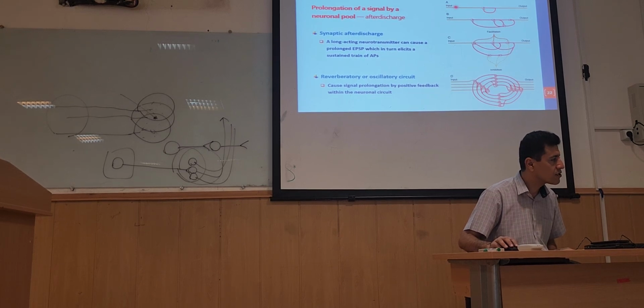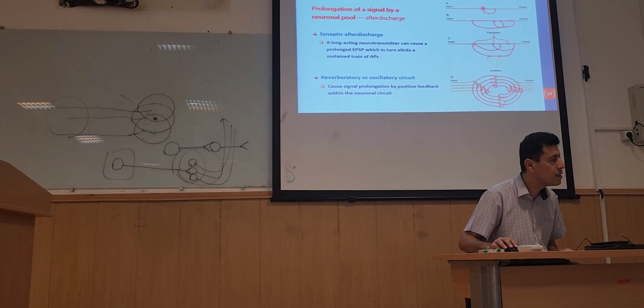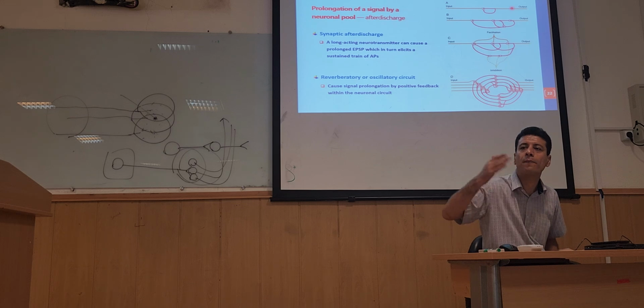So the action potential activates the output. The output sends the action potential back to itself. One action potential goes this way, another one goes this way. And this one activates the cell again, and again, and again. So if the input is activated, the output will be activated repeatedly.